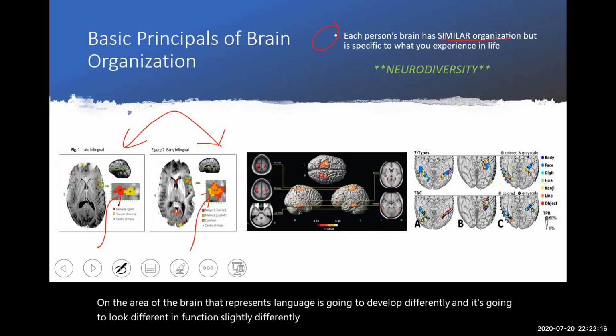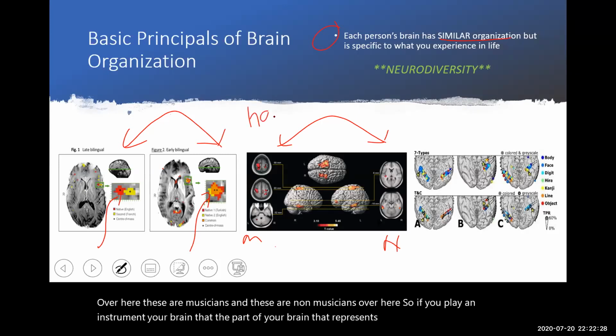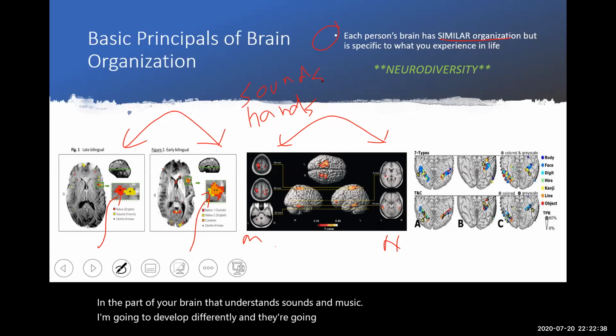Similarly, if you play an instrument, over here, these are musicians, and these are non-musicians over here. So if you play an instrument, your brain, the part of your brain that represents your hands and your fingers, and the part of your brain that understands sounds and music are going to develop differently, and they're going to look and function differently than somebody that does not play music.